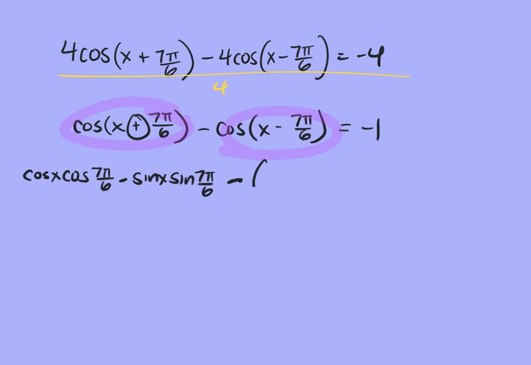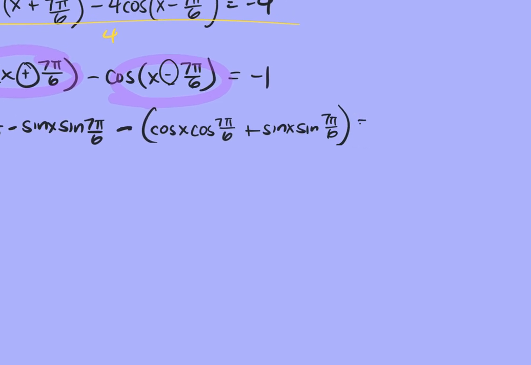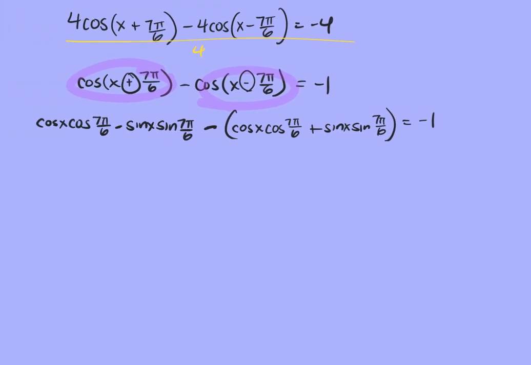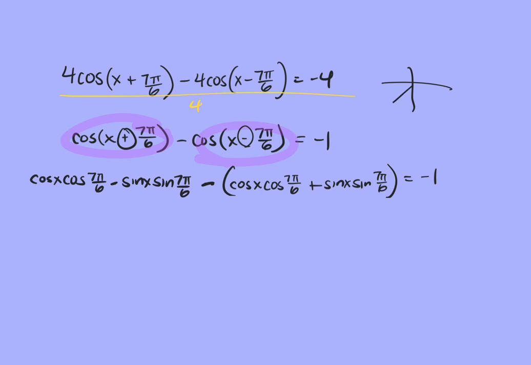Minus, and that minus is going to go to everything after, so I'm going to keep it in parentheses for now. Cosine x cosine 7 pi over 6 plus, because we flipped the sign from here, sine x sine 7 pi over 6, equals -1.